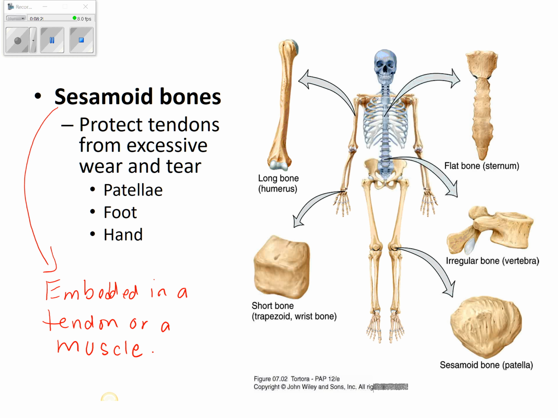Examples of these would be your patella. You have two that are found in the metatarsals of the foot. You have two in the hand, the first metacarpal and the second metacarpal of the hand.